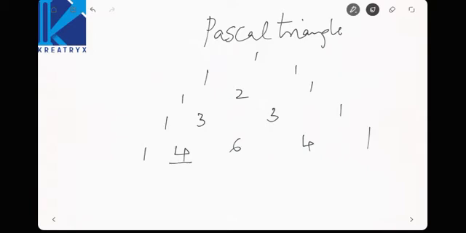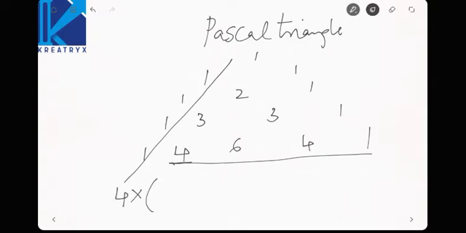Remove all the ones, start from 4. See here, 4 into, let us consider rate of interest as 10%, and for semi-annual compounding the rate of interest will be how much? 10 by 2, that is nothing but 5.